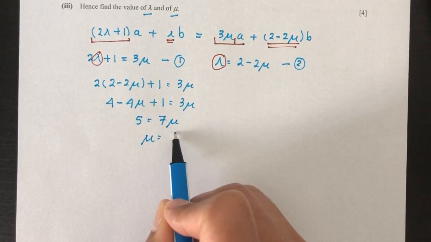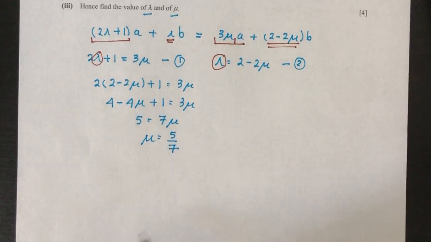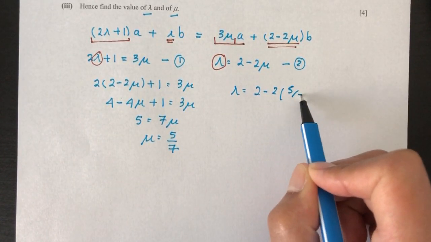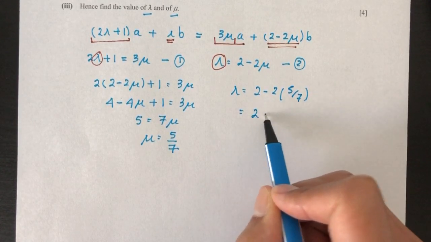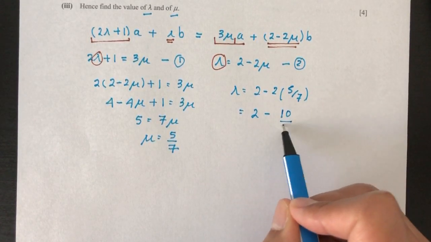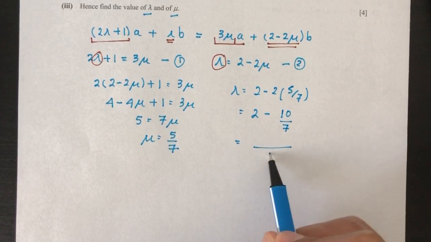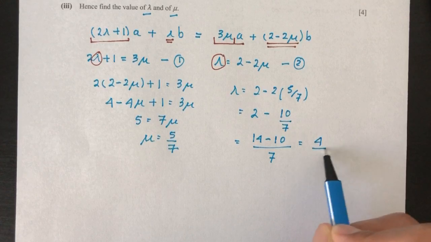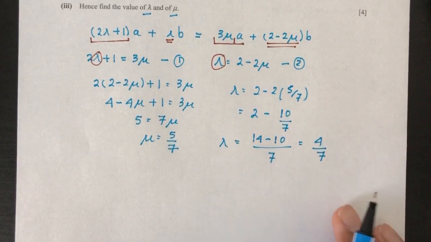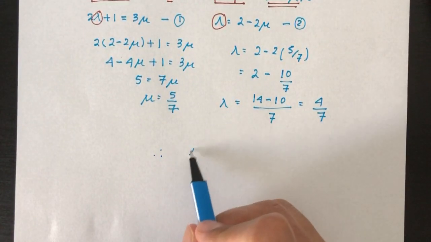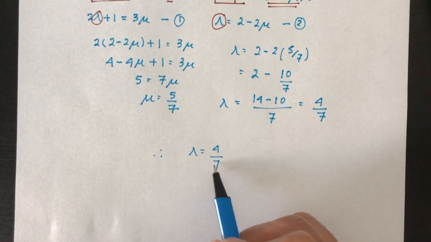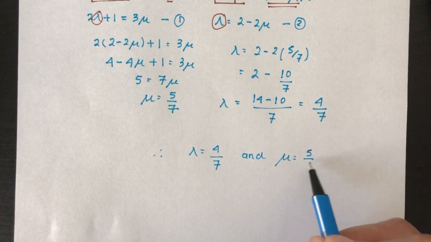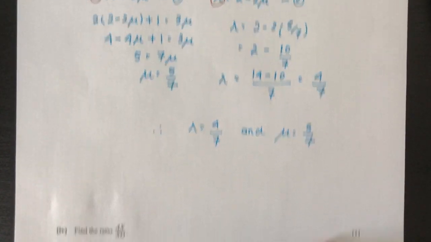So mu will be 5 over 7. So lambda will be 2 minus 2 times 5 over 7. That will be 2 minus 10 over 7. Now over 7, that will become 14 minus 10. That will become 4 over 7. So finally, lambda is 4 over 7 and mu is 5 over 7. Okay, that is part 3.